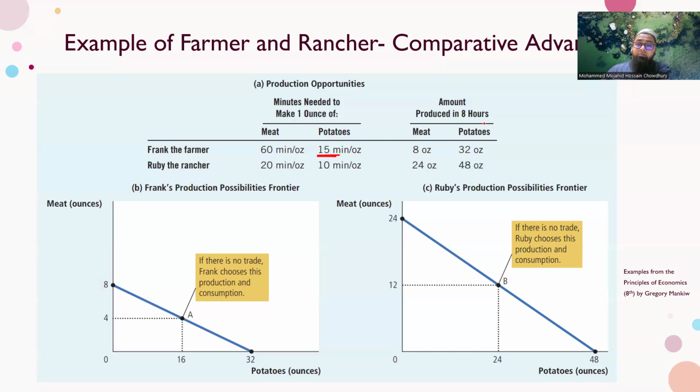Let's say they have a total of 8 hours as the resource. If they give 100% to the production of meat, then Frank will come up with 8 ounces, and Ruby will come up with 24 ounces.